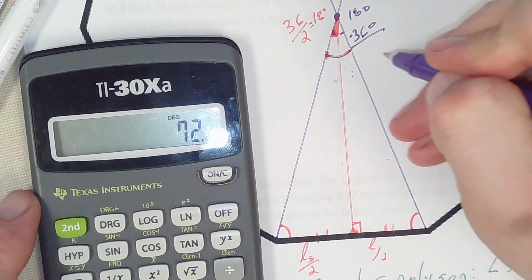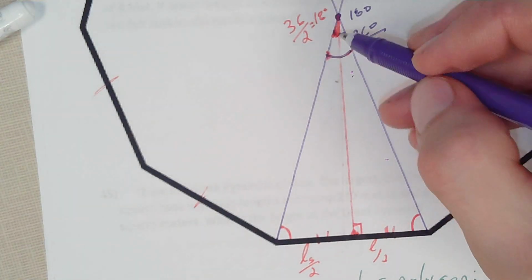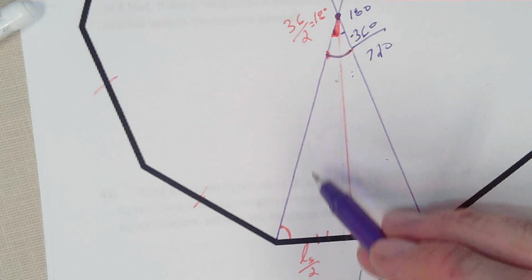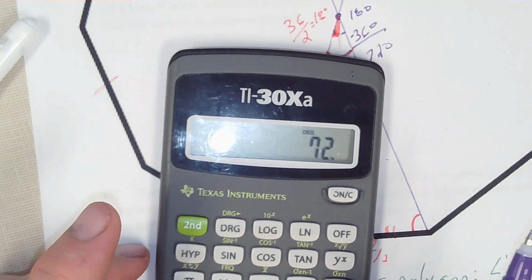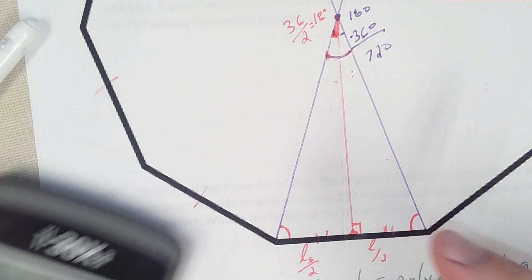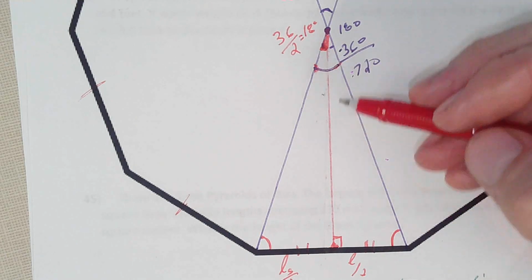Each one of these is 72 degrees. So that's 36, that's 72. You would have been able to figure that out because that's 18 degrees plus 72 is 90. So there you go, those are the relationships that exist here.